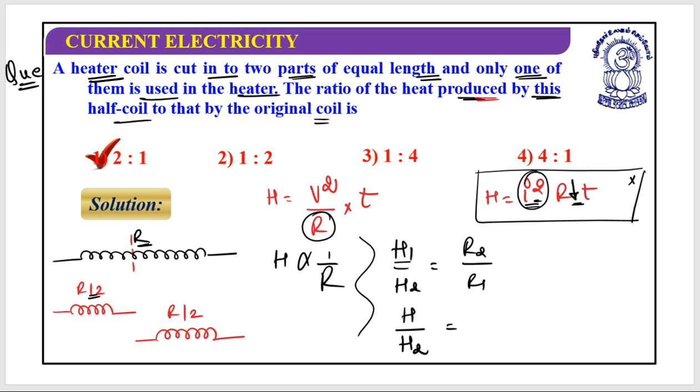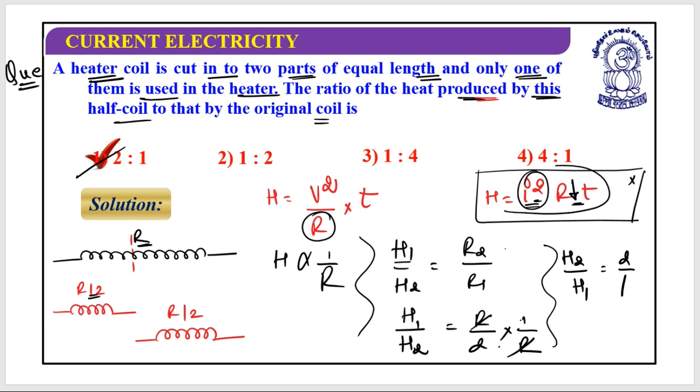R2 is half the resistance, which is R by 2, and the initial resistance is R. So H1 by H2 is 1:2. They have asked for the heat produced by the half coil to the original coil, so H2 by H1, which is 2:1. This is the answer. What was your answer? But do not make a mistake of using this.